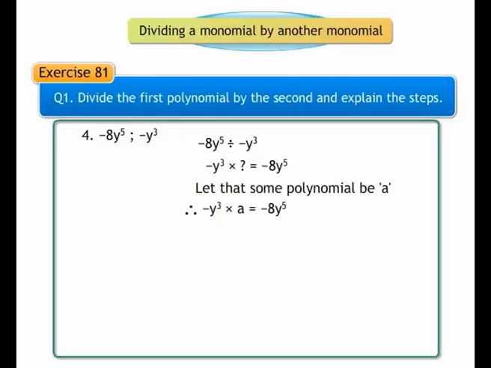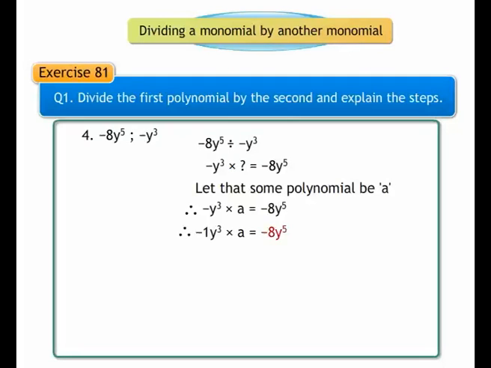Therefore, minus y cube into a is equal to minus 8y raised to 5. I hope you remember indices. As there is no coefficient of y cube, it means 1. Thus, minus 1y cube into a is equal to minus 8y raised to 5.